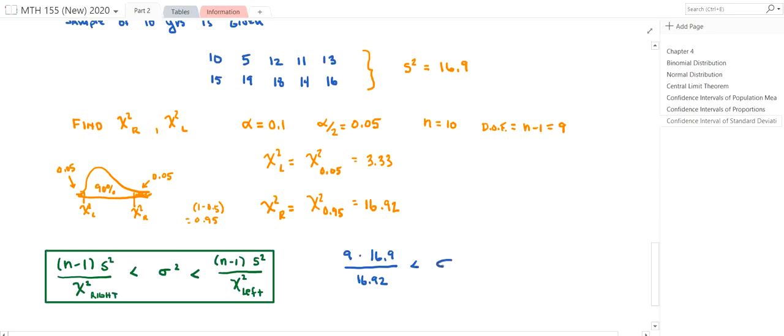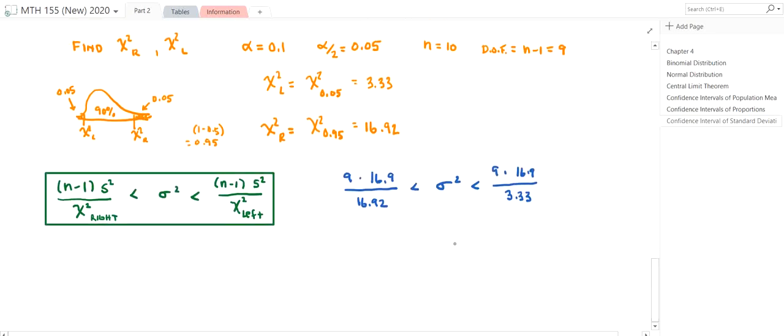That's less than our population variance, which is less than 9 times 16.9 divided by 3.33. So it's not much different than what we did before. The equation's a little different, but it's just plugging and chugging numbers.